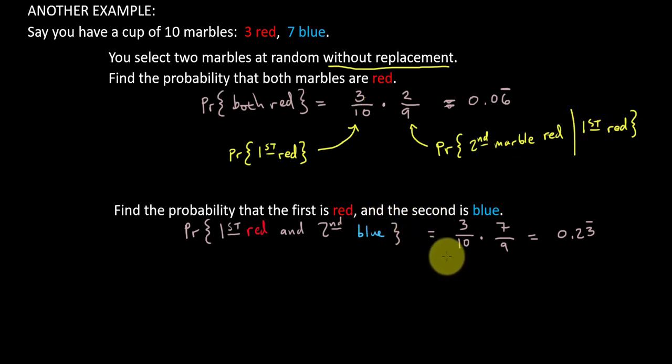Let's do that same little process over here, where this 3 out of 10, again, is the probability that the first marble was red.